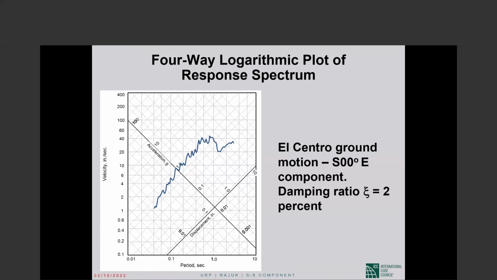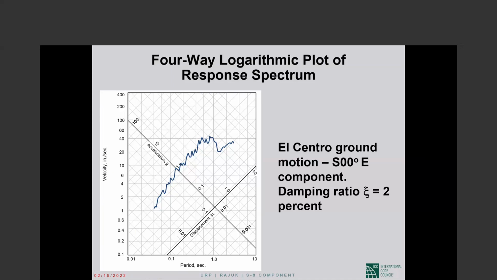Frequency is the reciprocal of the period. Newmark himself always plotted frequency on the x-axis. Here I have period on the x-axis. On the y-axis, it is always the spectral pseudo-velocity. On a few of these slides, the unit has not been changed. And I think it's okay for the purpose of our discussion.